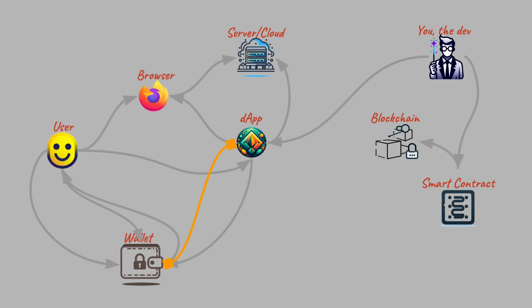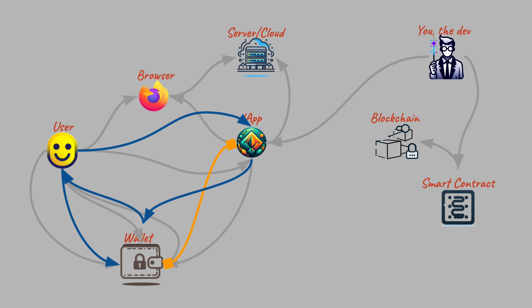Now, because this connection is created, whenever the user starts interacting with the dApp and it will require signing an operation, the dApp will send the operation to the wallet. The wallet will show the user information about the operation and the user can approve that operation.